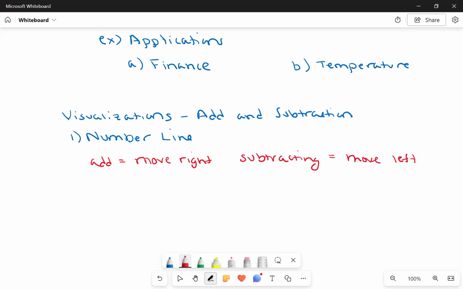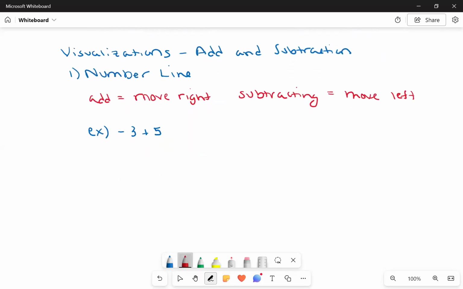I should have written subtract to be consistent with the word add. Okay, that's fine. Let's look at a couple examples with this, just the basic idea. So let's say we want to do -3 plus 5. The first number is always the number we start with, our starting point.